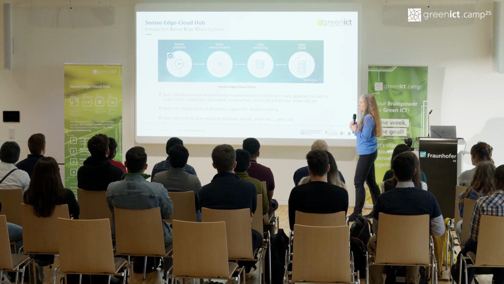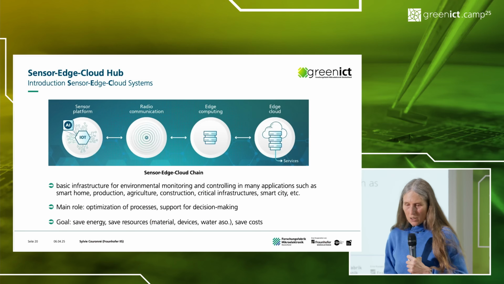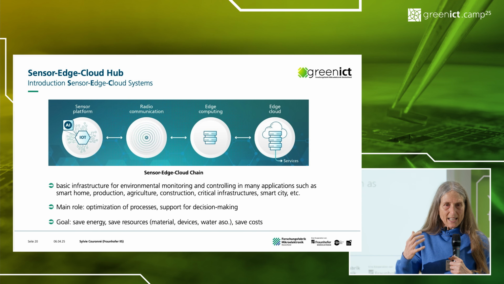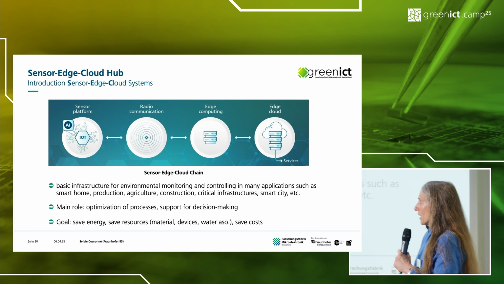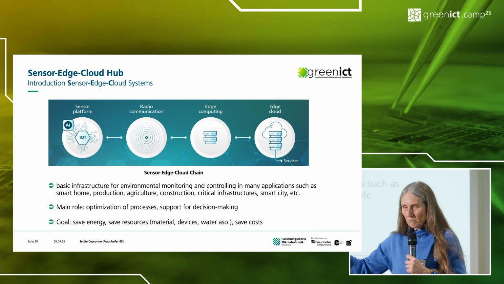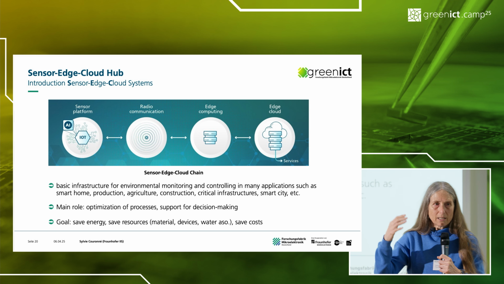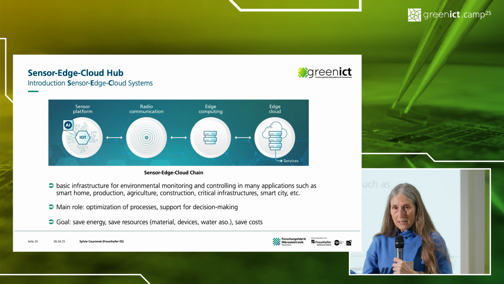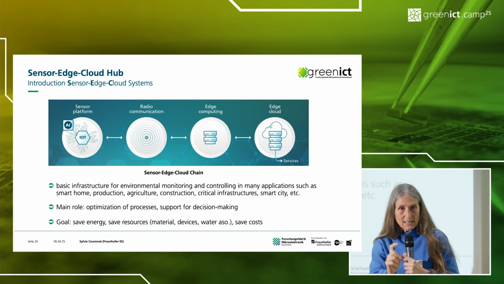So, the introduction of the Sensor Edge Cloud chain. Sensor Edge Cloud is somehow similar to IoT, building an IoT network. It means you get information at the sensor stage, which can be environmental information like temperature and humidity, but also something like current, so how much energy is used at a certain place.